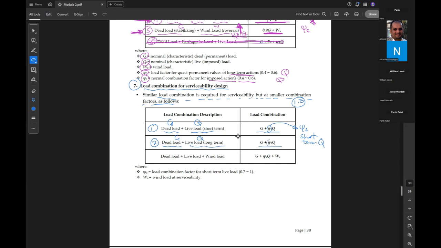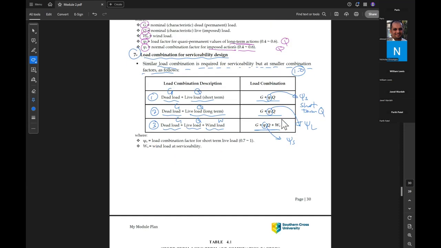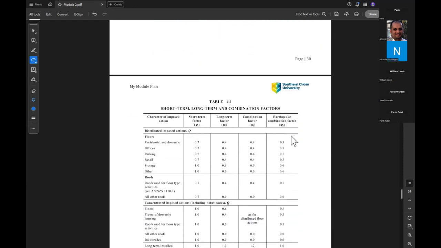So we have G plus psi L Q. The third is dead load G plus live load Q plus wind load W. So we have G plus psi S Q, again short term, and WS. Okay, so these are the load combinations for serviceability.